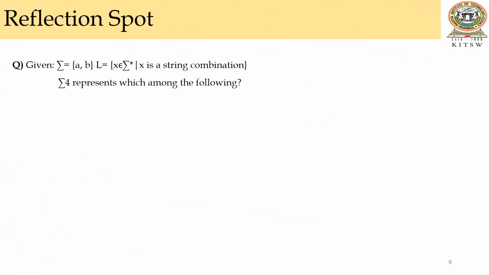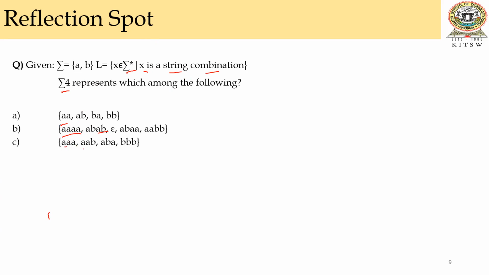So this is all about today's CDT. The reflection spot for this lecture video is: sigma equals {a, b}, language L is the set of x belonging to sigma star, that is Kleene closure, such that x is a string combination, and sigma 4 represents which of the following: aa, ab; or aaa, aab; or all the above mentioned.